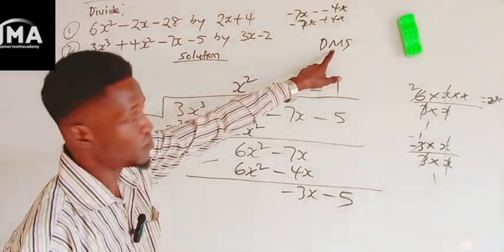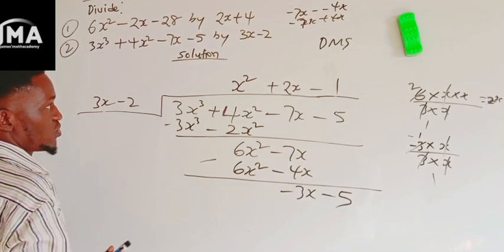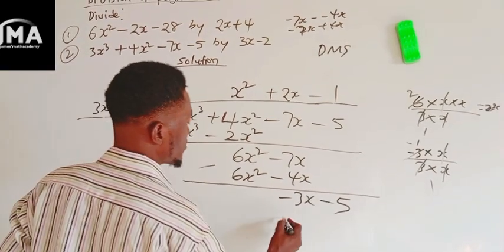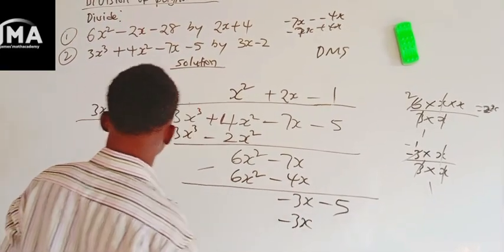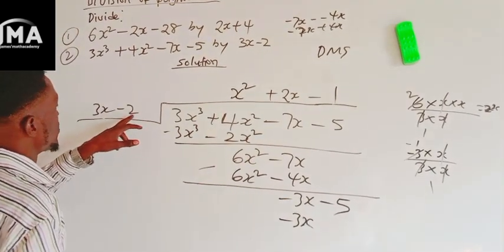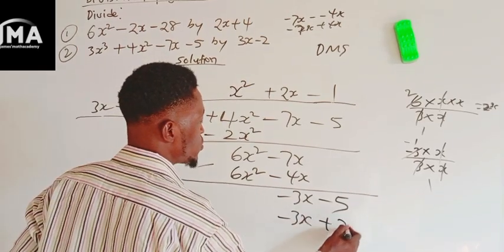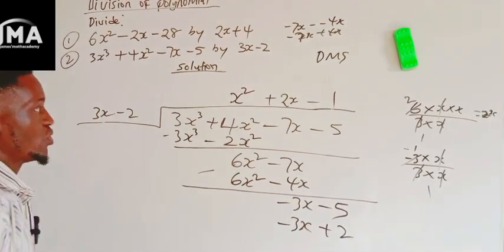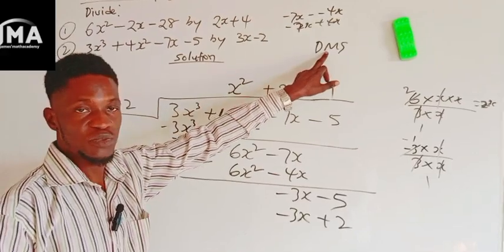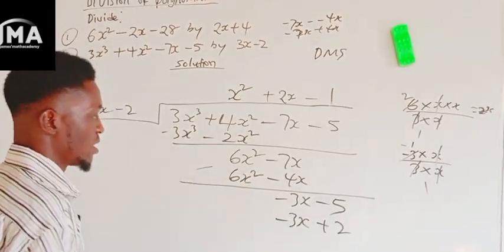So we are in multiplication. Minus 1 times 3s is minus 3x. Minus 1 times minus 2 is going to give you plus 2. Okay, so I'm done with the multiplication. After the multiplication is subtraction.